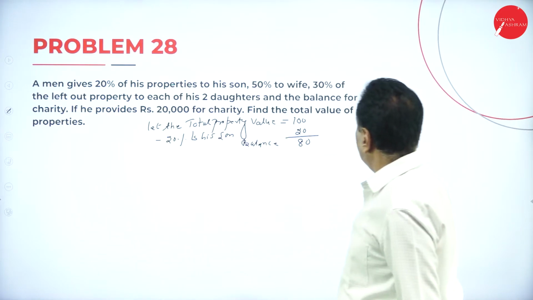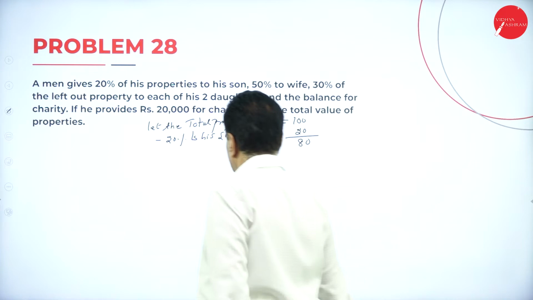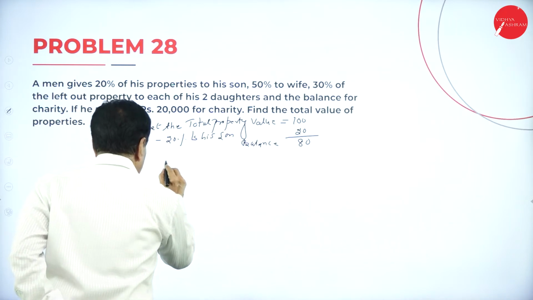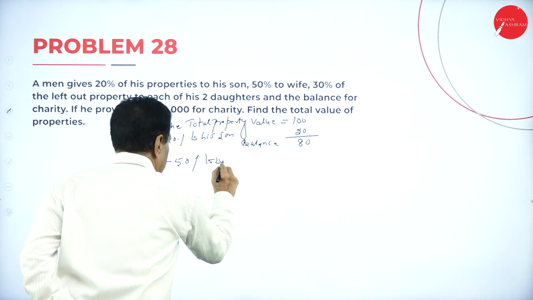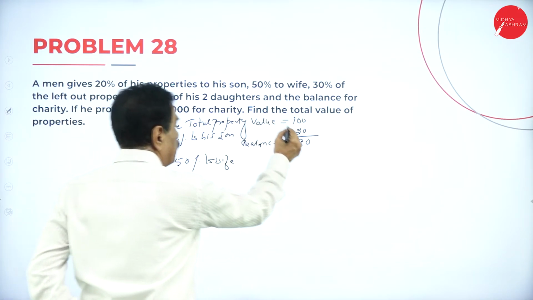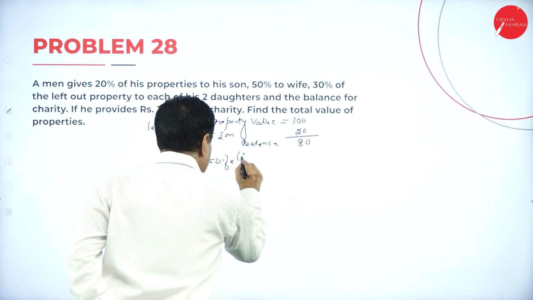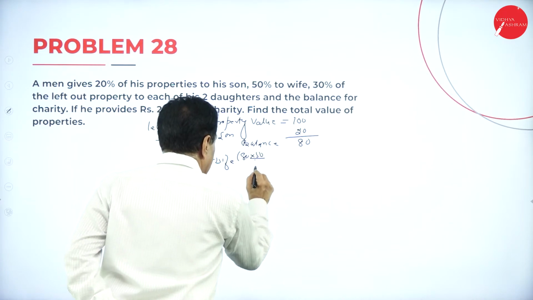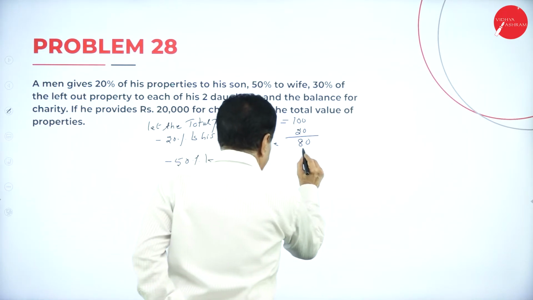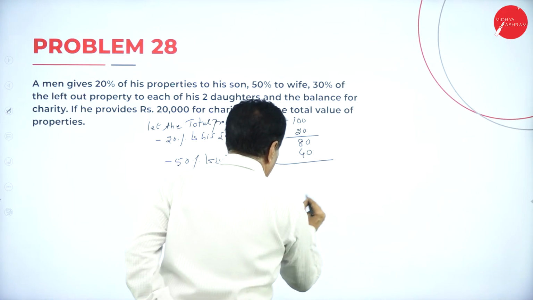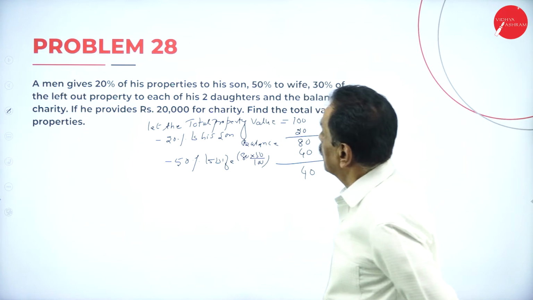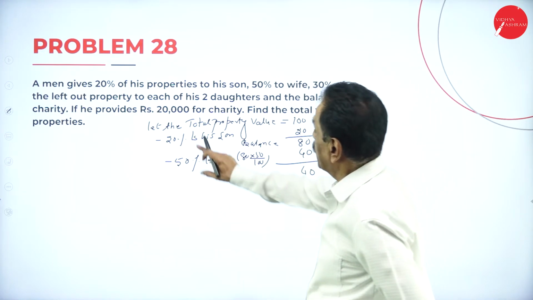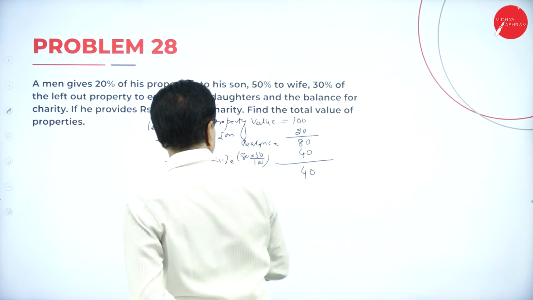Then 50% to wife: 50% of 80, into 50 by 100, is 40. Another 40 is left over.